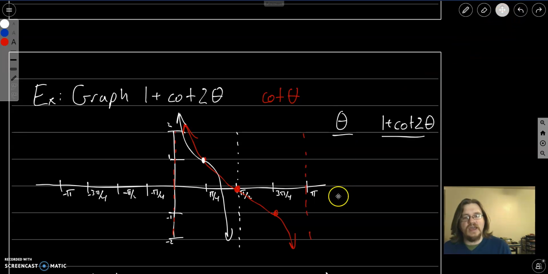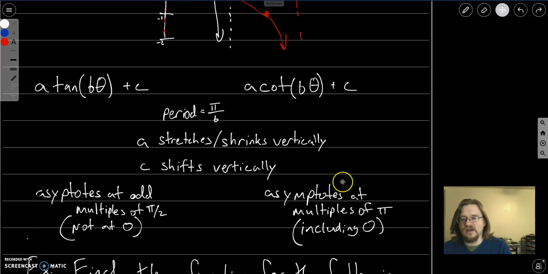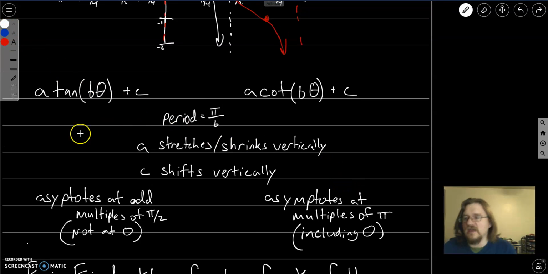And let's summarize a little bit of this. If we're looking at A tangent of B theta plus C, or A times the cotangent of B theta plus C, the only difference being whether we're looking at a tangent or cotangent, the period of our function, just like the period of a sine function, is going to be pi divided by b.